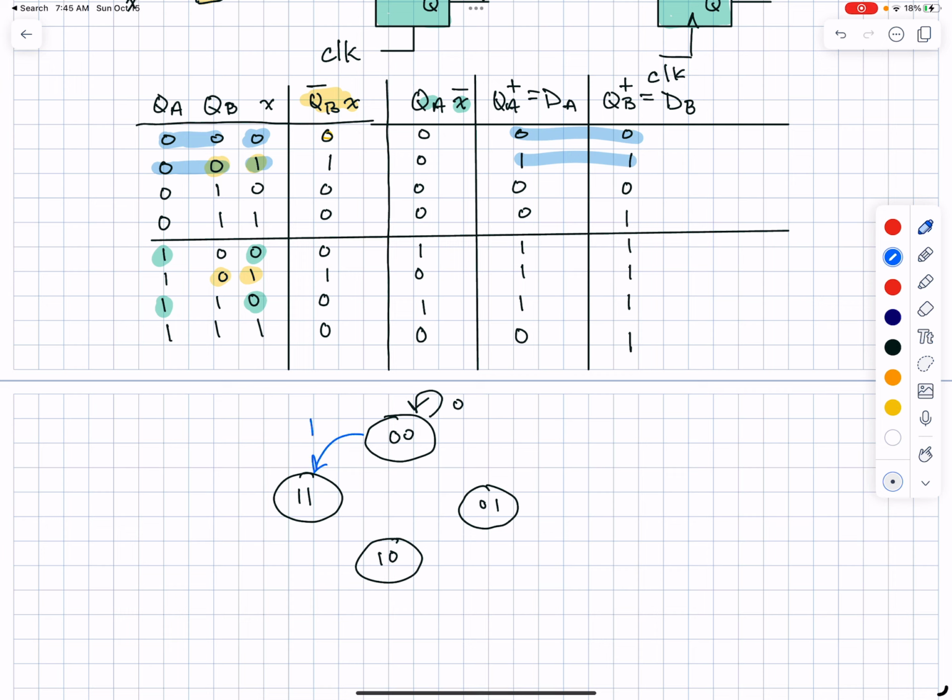On 0 1, when I get a 0, I go to 0 0. On 0 1, when I get a 1, I go to 0 1.